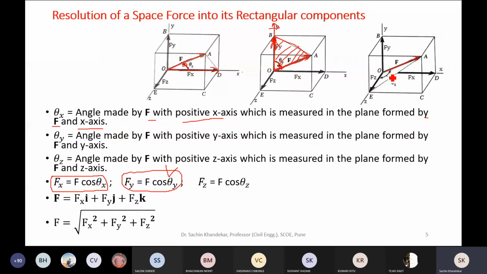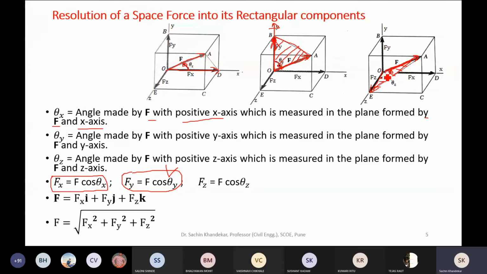Theta z is the angle made by this F with respect to the positive z-axis, and it is measured in the plane formed by this force F and the positive z-axis. That plane is OAE. So this is that particular plane. I hope you are getting what I'm saying.